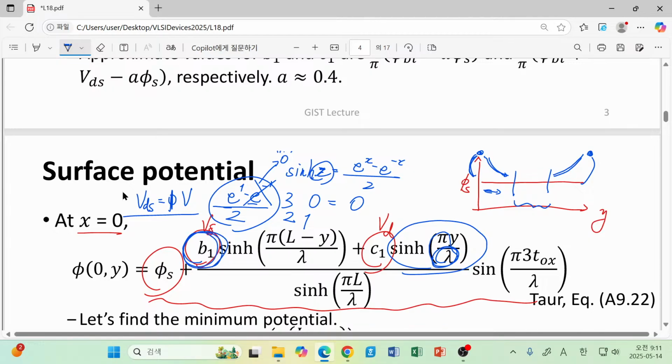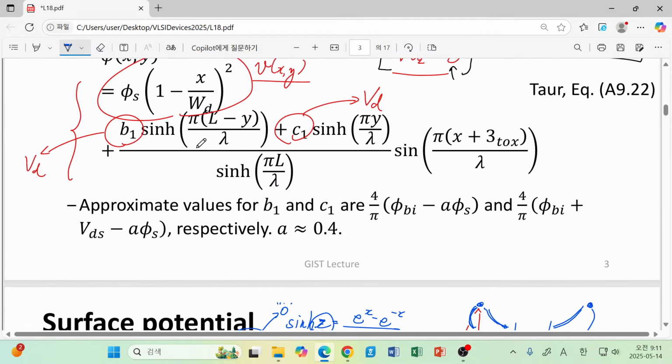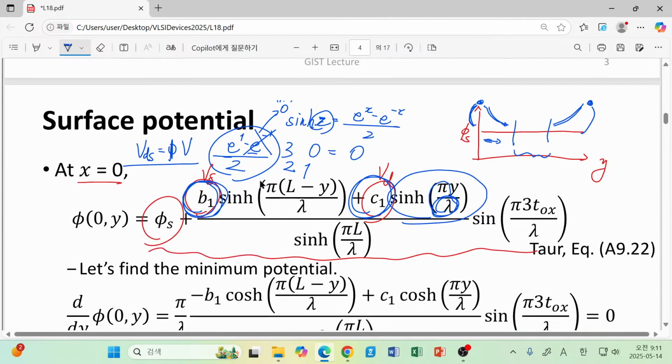Compared with our B1 value, our C1 coefficient will have a much higher value, because the approximate forms for B1 and B2 are shown here, and depending on our additional drain voltage, our C1 value can be much higher than B1. So this is valid not only for the drain equal to 0 volt case, but non-zero drain voltage can also be considered.